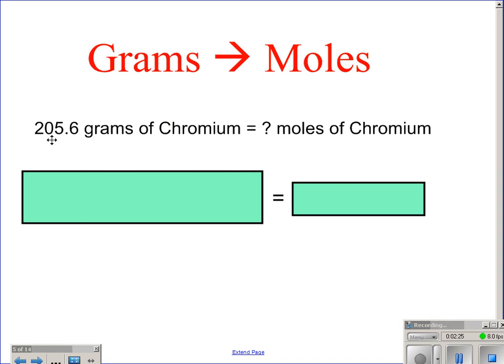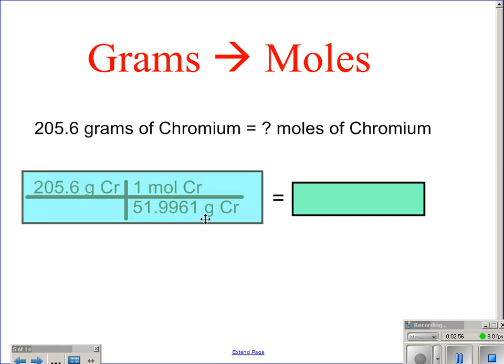Now here we have 205.6 grams of chromium, and we want to know how many moles of chromium that is. I've covered up the equation to give you a chance to try and work that out for yourself. It's just the same as the last one we did. Simply write down your given, find out what the symbol is for chromium, and next to it fill in from the formula that I gave you earlier. You'll need the atomic mass from the periodic table.